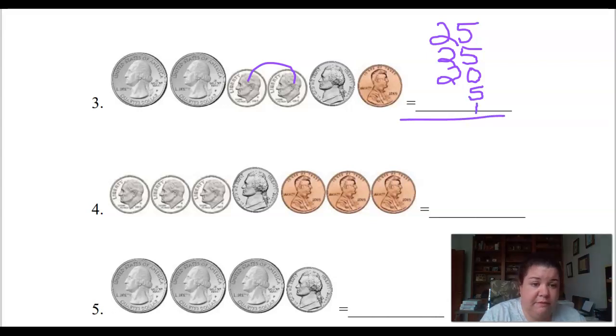All right, so we have 5, 10, 15, plus 1 is 16. Okay, now you should be able to skip count by 2. 2, 4, 6, plus 1 is 7. So we have 76 cents here. Again, if you got this wrong, take it to someone in your house that can help you and figure out where you went wrong. Okay.